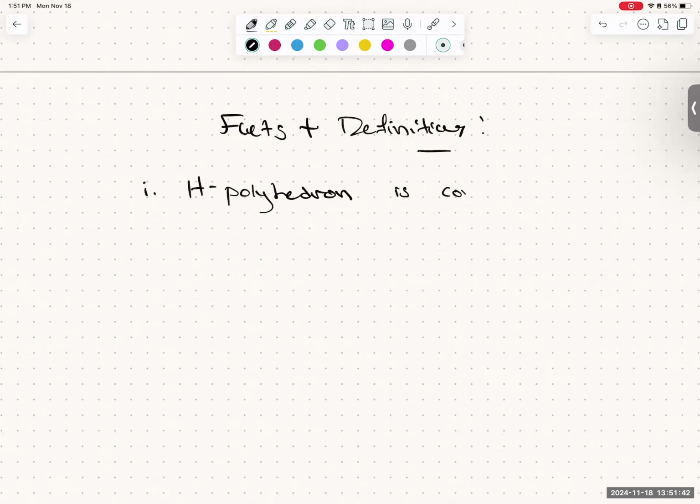An H polyhedron is convex. You will see that there's another representation of a convex polytope as the convex hull of finitely many points. In that representation, it's clear that the polytope is convex. An H polyhedron is convex. It's not hard to show it.